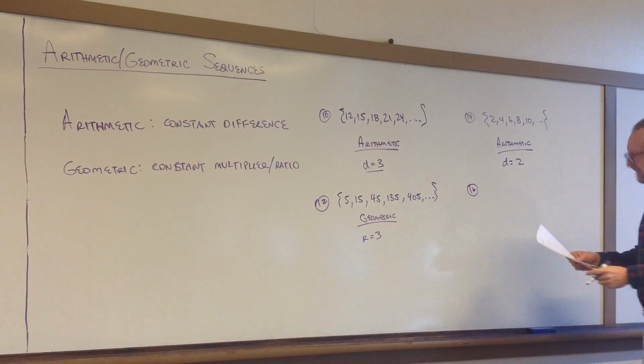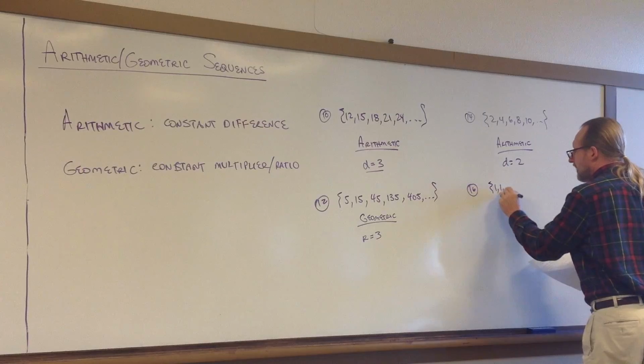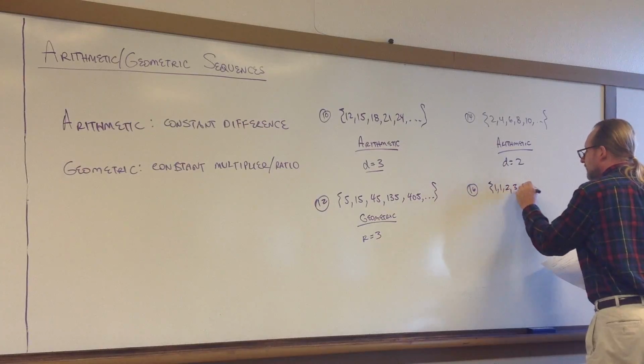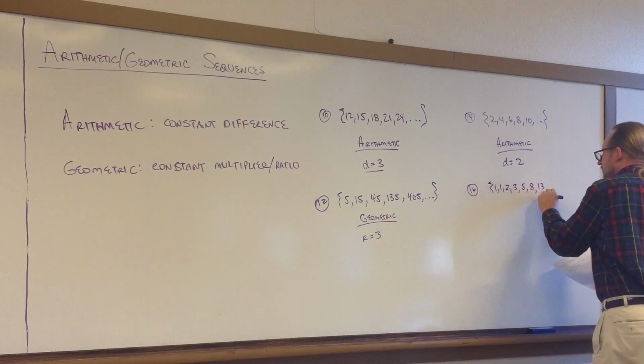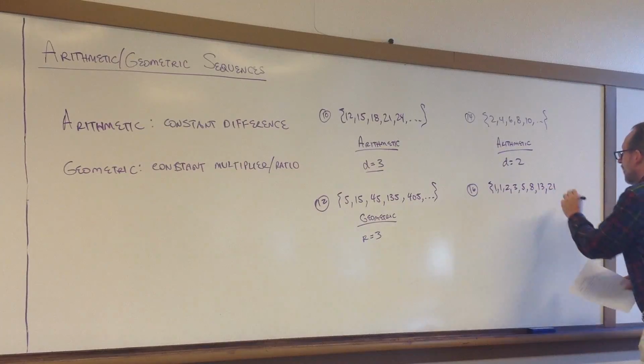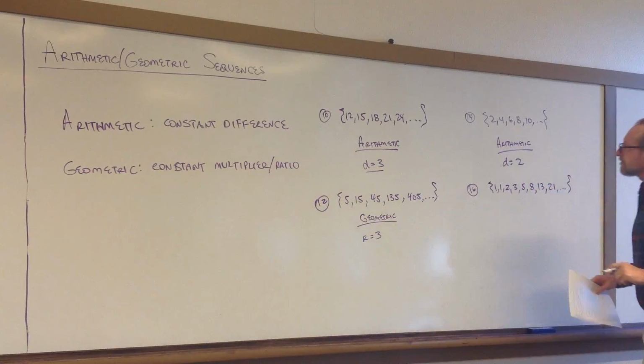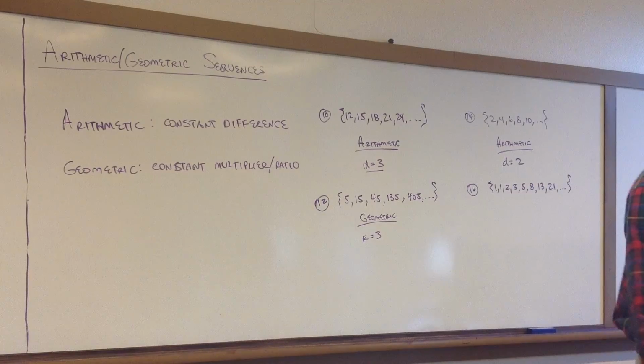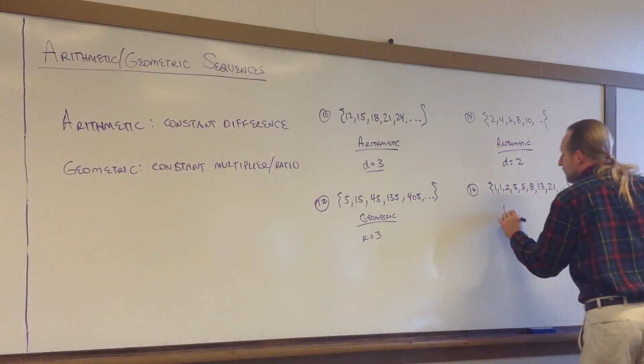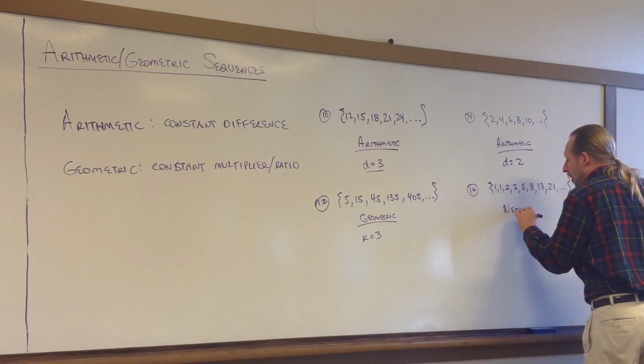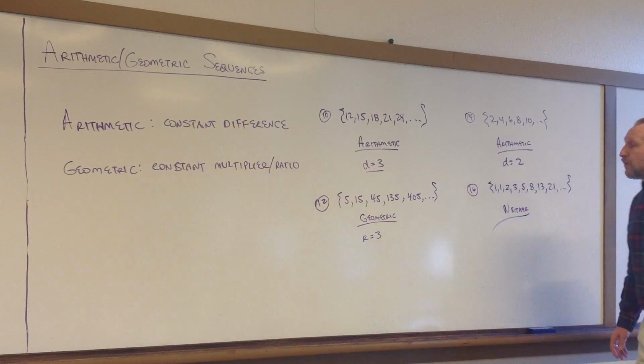And in problem 16, I believe this is the Fibonacci sequence. 3, 5, 13, 21, and so on. So this one, you can see there's no constant difference, there's no constant ratio, and so that one would be neither.